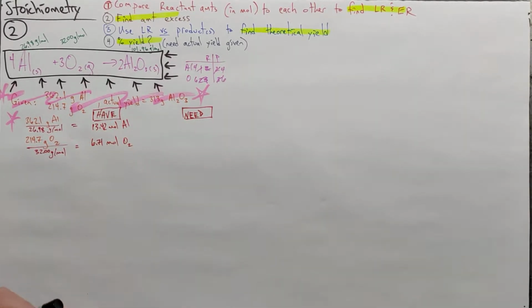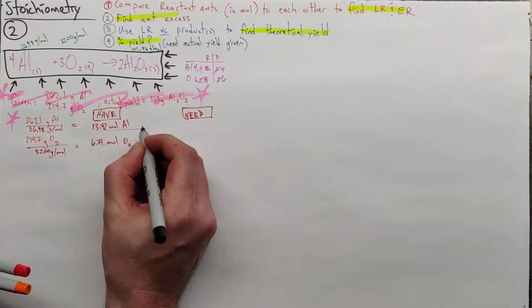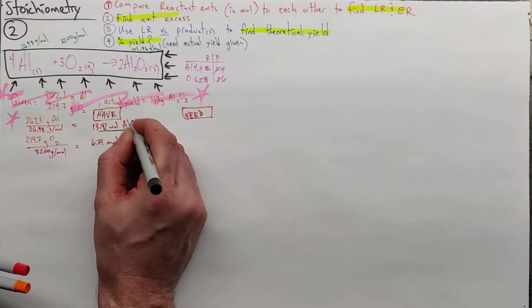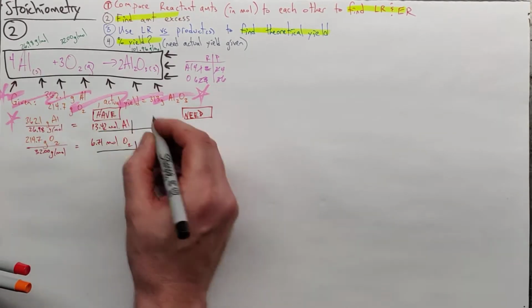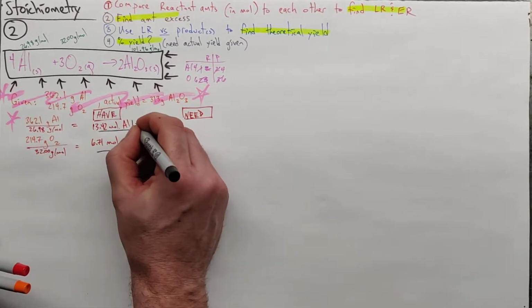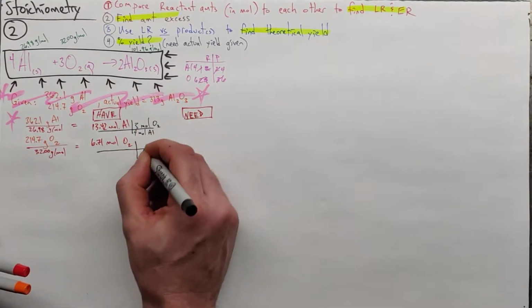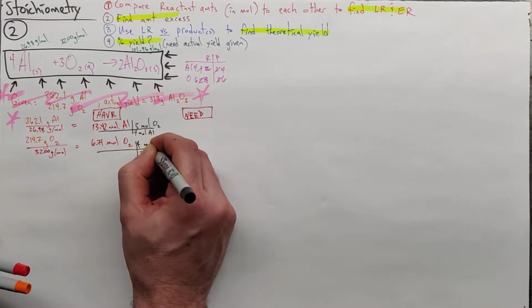We'll do dimensional analysis to get there, comparing our reactants to each other using those coefficients from the balanced chemical equation. Moles of aluminum, so there's 4 moles of aluminum for every 3 moles of oxygen. All right, moles of oxygen, 3 moles of oxygen for every 4 moles of aluminum.